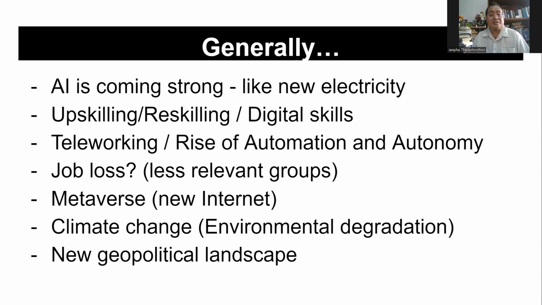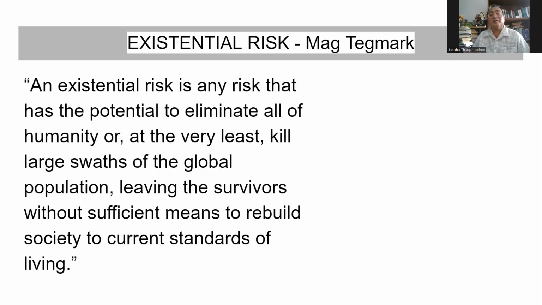And we can see the new development of the internet, like the metaverse. Still, we have environmental degradation, climate change, and the new geopolitical landscape, right? So this is what happened in general.